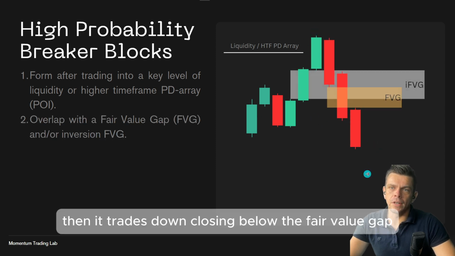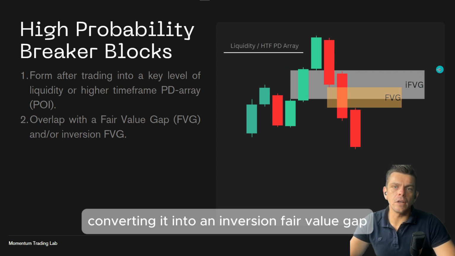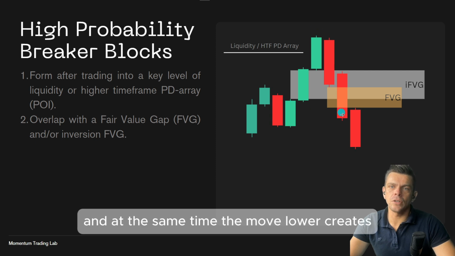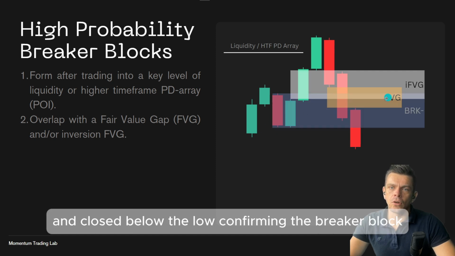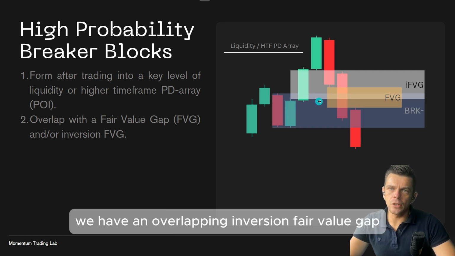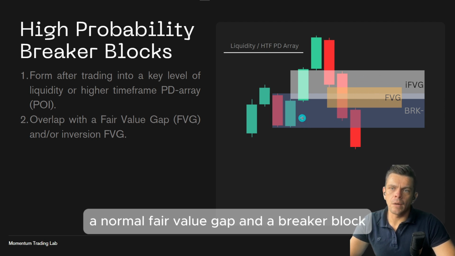Then it trades down, closing below the fair value gap, converting it into an inversion fair value gap. And at the same time, the move lower created a sub fair value gap and closed below the low, confirming the breaker block. And as you can see, we have an overlapping inversion fair value gap, a normal fair value gap, and a breaker block.